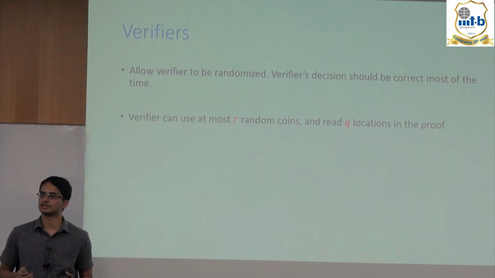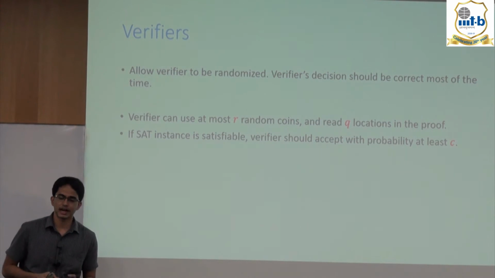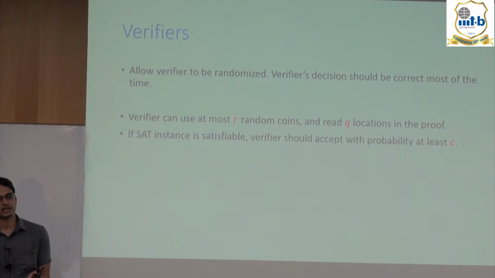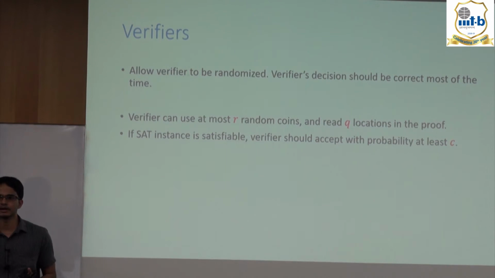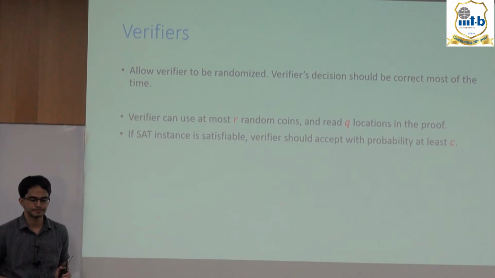So what are the guarantees that we should have? If the SAT instance is satisfiable, then the verifier should accept with a large probability. Ideally it should be close to 1, but since we are being formal, let's say it should be at least C, some number C, which you should think of as being something close to 1.